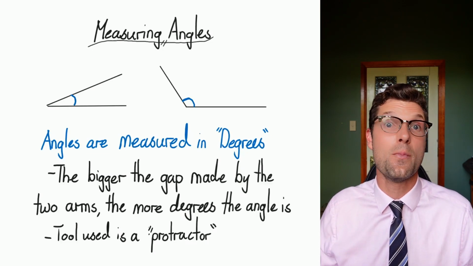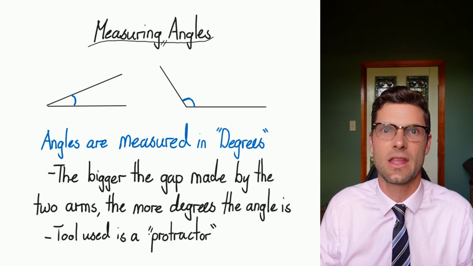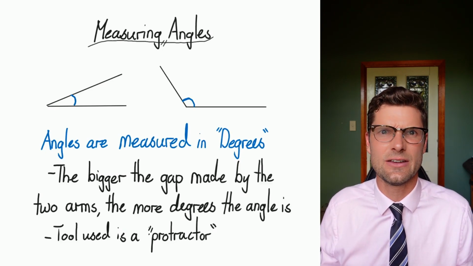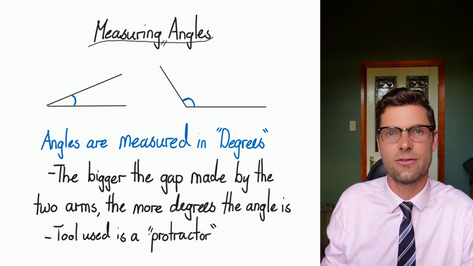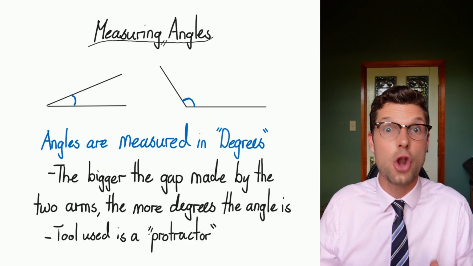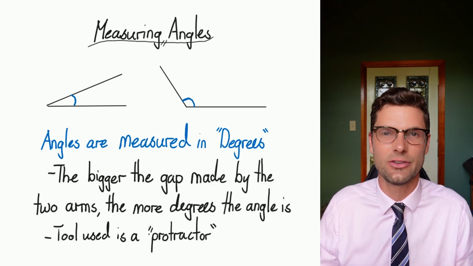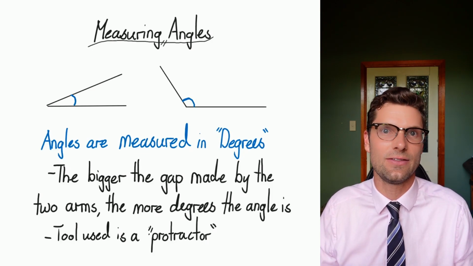We've got to be able to measure them in order to communicate something to another person. So these two angles look really different, and we know that they're different, but we've got to be able to explain how they're different to someone else. So angles are measured in degrees, not like temperature where we've got degrees Celsius or whatever, but degrees is just the unit that we use in order to get this.